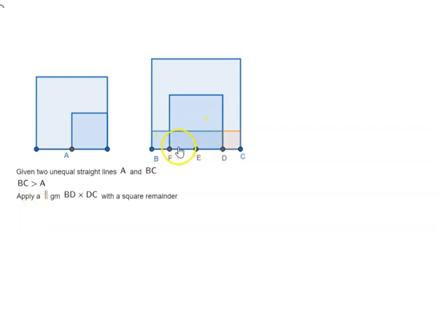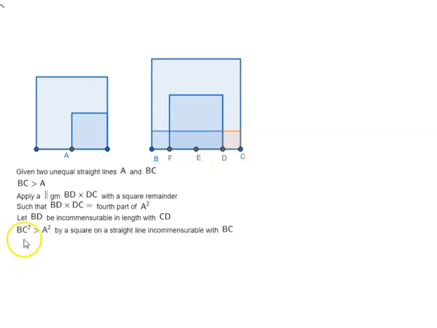Now this parallelogram should be such that BD by DC is equal to the fourth part of the square on A. Let BD be incommensurable in length with CD. So we have BC square is greater than A square by a square on a straight line incommensurable with BC.